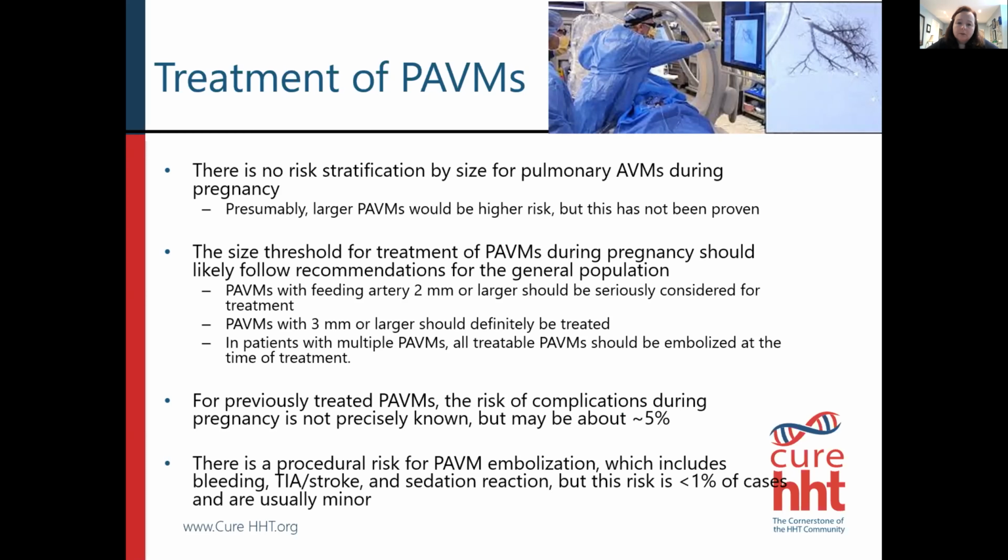For previously treated vascular malformations, the risk of complications during pregnancy is not precisely known, but maybe around 5%. We know there is always procedure-related risk, but these risks are very small. There's a risk of bleeding, TIA, stroke, or sedation reaction, but that's less than 1%, and usually the complications are minor. So again, treatment is really recommended for pulmonary vascular malformations in pregnancy.